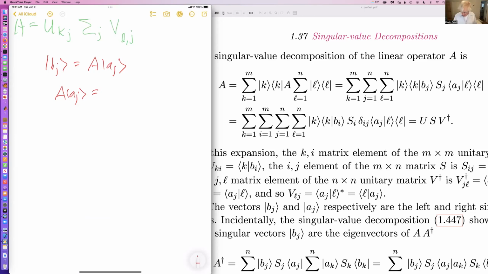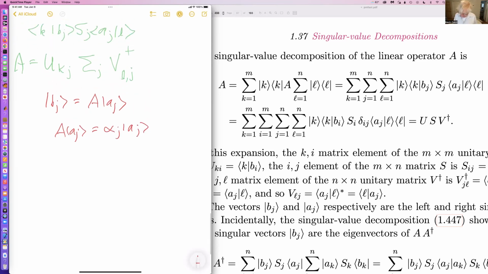Let me just call it alpha_j at the moment, because there's a square root that's involved here, and so consequently, in terms of these, the B_j A element is, so A A_j of course is equal to alpha_j.